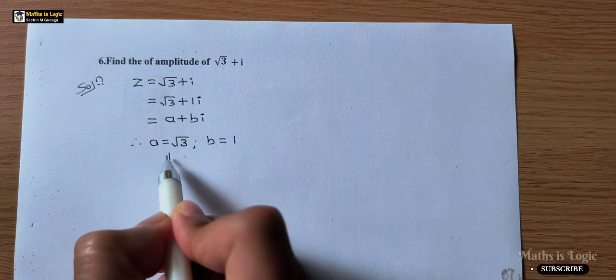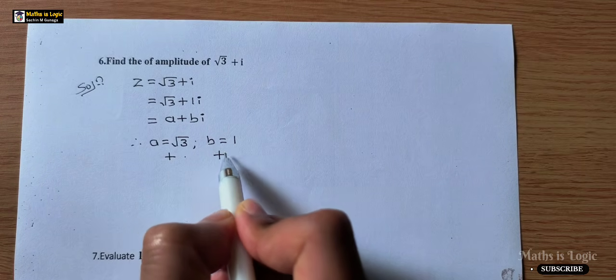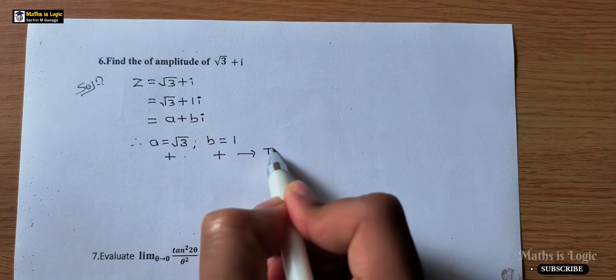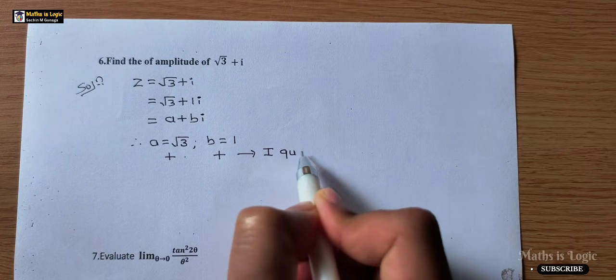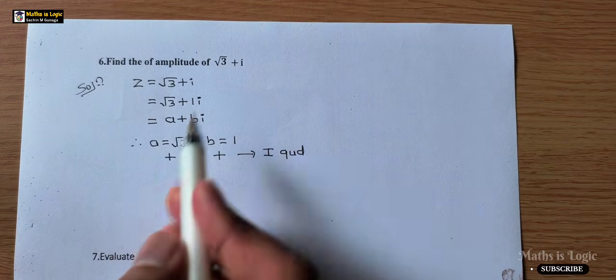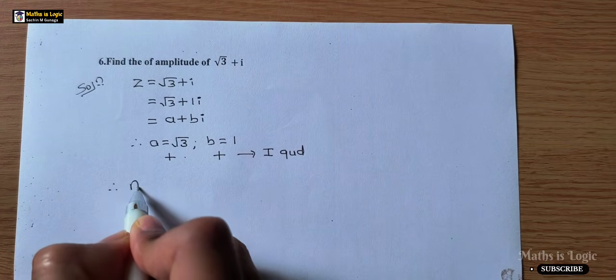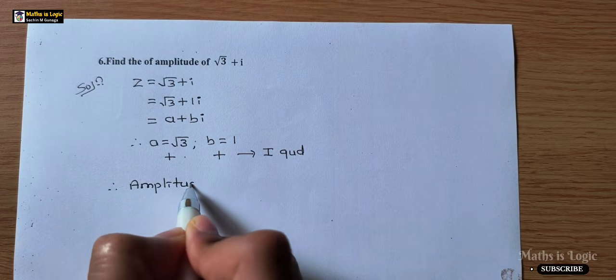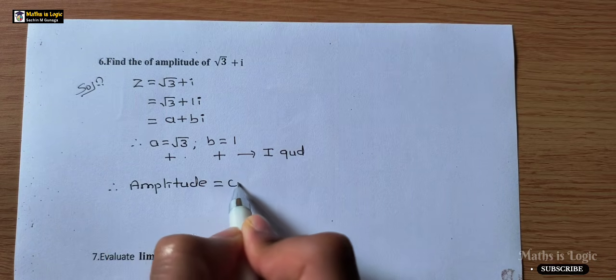So a value is positive, b is also positive. That means this given complex number comes in which quadrant? First quadrant. Now we need to find out the amplitude. Therefore, amplitude is nothing but theta.